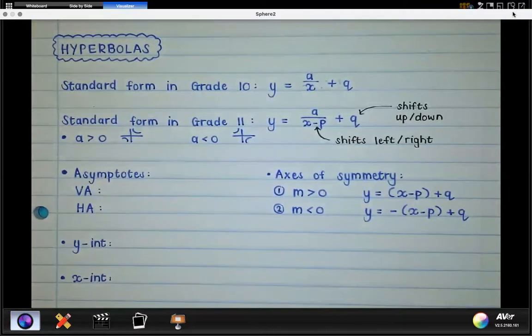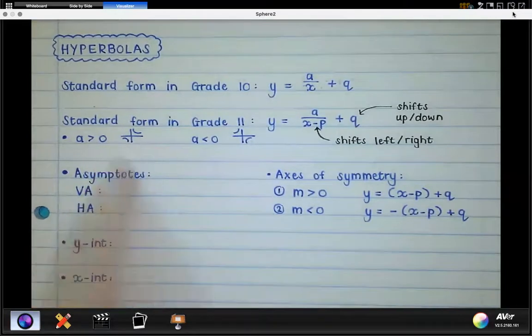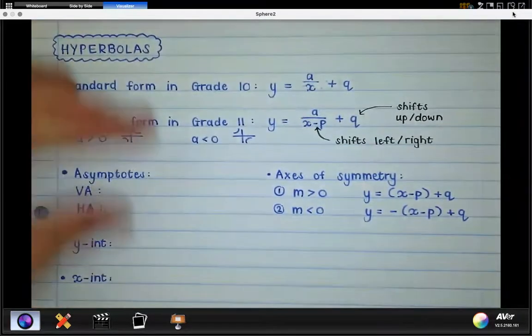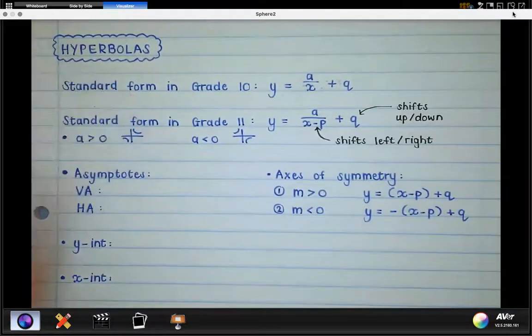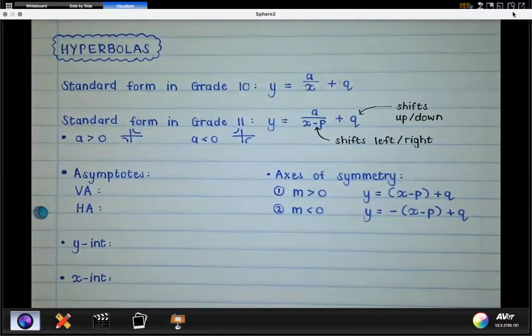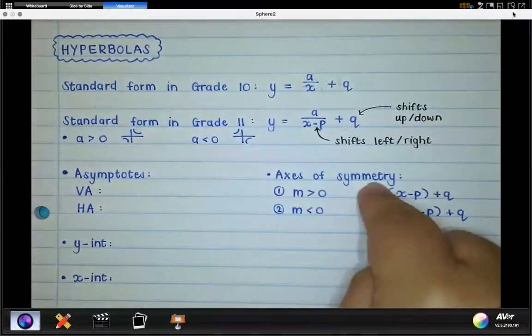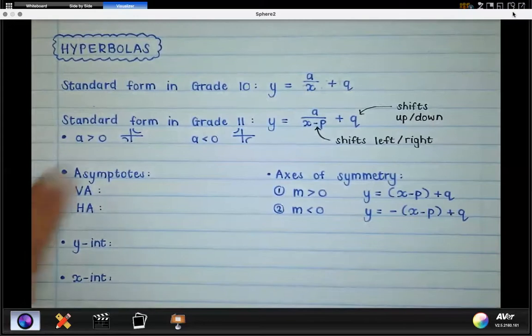If your a value is positive, then your hyperbola will be in quadrants 1 and 3. But remember that if your graph is shifting up or down, and that is what q does, so if the graph shifts up, for example, then your quadrants 1 and 3 also shift up in a sense. You'll see when we're drawing a graph, but it will basically be top right and bottom left if a is positive.